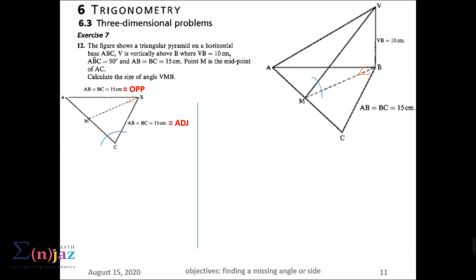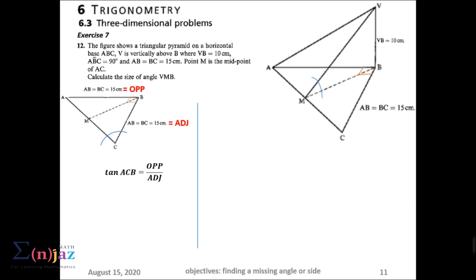Since the opposite and the adjacent of the unknown angle are given in the question, we must use the tan rule. So tan of angle ACB is equal to opposite over adjacent.